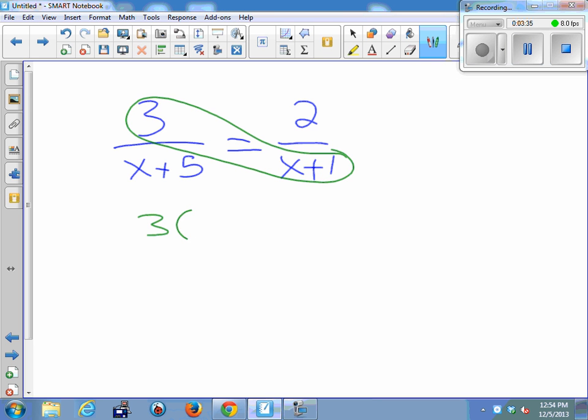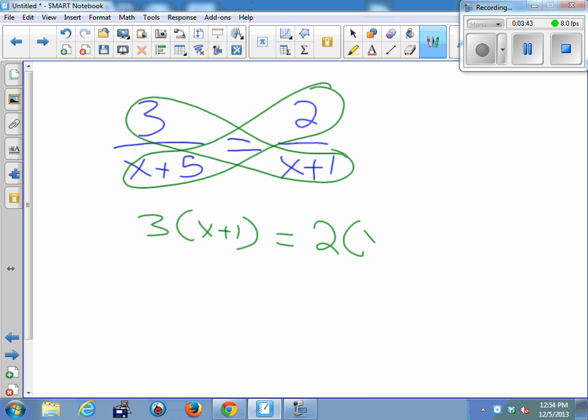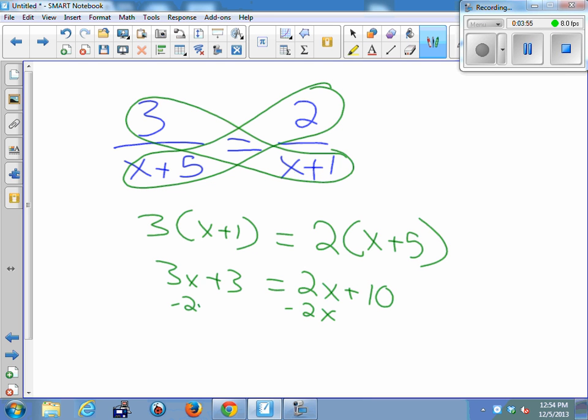This is 3 times, in parentheses, x plus 1, equals 2 times, in parentheses, x plus 5. And then here we're going to distribute. So we get 3x plus 3 equals 2x plus 10. And then we're going to subtract 2x on both sides, subtract 3 on both sides. This gives me x equals 7.